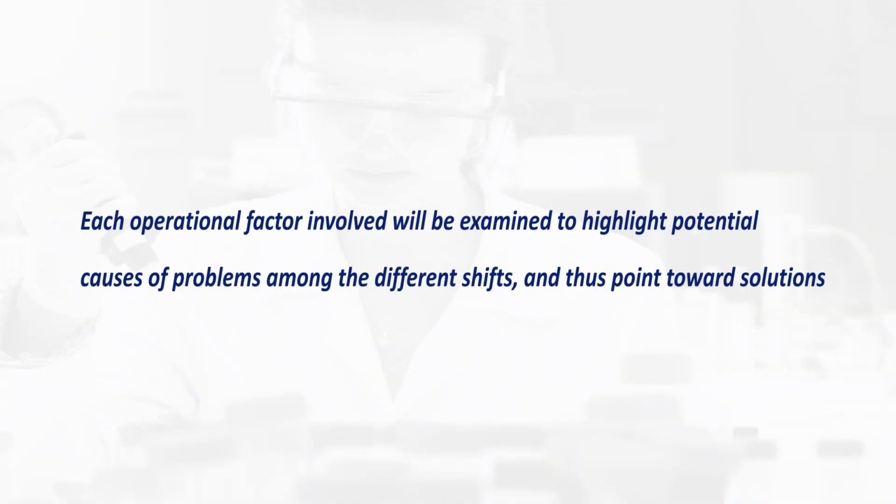Today, each operational factor involved will be examined to highlight potential causes of problems among the different shifts and thus point us towards solutions. Among the factors that need to be considered are, first, those related to personnel. You should be aware of the daily workload per person and how that compares to other shifts.